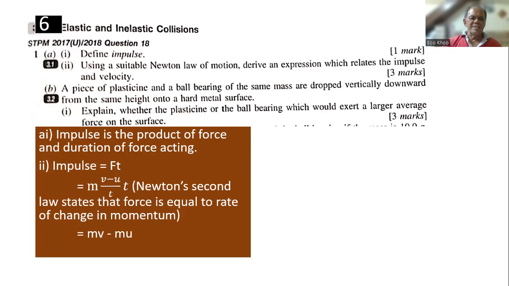A piece of plasticine and a ball bearing of the same mass are dropped vertically downwards from the same height onto a hard metal surface. Explain whether the plasticine or the ball bearing would exert a larger average force on the surface.